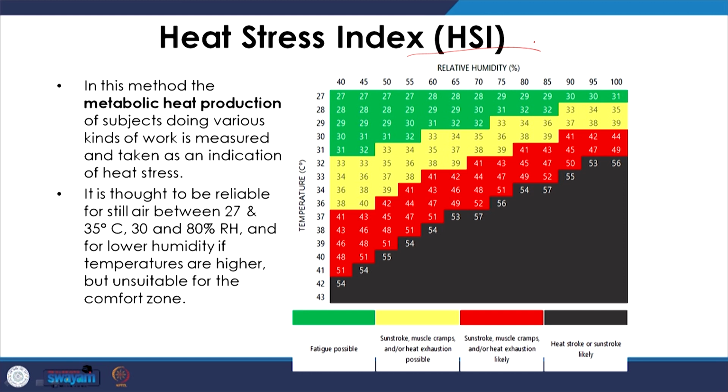So, this heat stress index talks about the metabolic heat production of a subject doing different kinds of work, and it was actually talking about the heat stress on the human body based upon the temperature and relative humidity and the resulting heat stress, which would lead to different kinds of impacts on the human body.